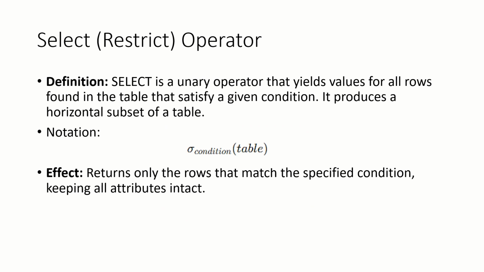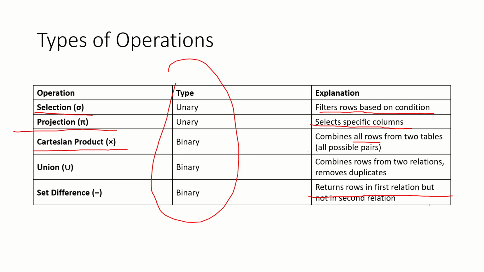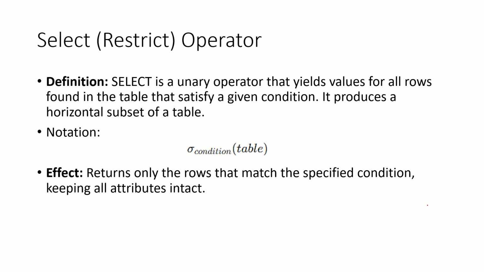Okay, so the first example is a selection. Selection is a unary operator that will create the values for all rows found in the table that satisfy a given condition. Okay, so we need to make sure you understand what the condition means.